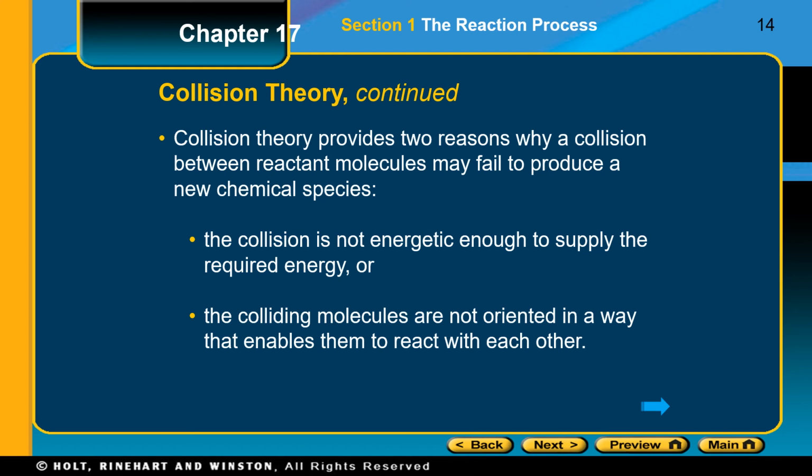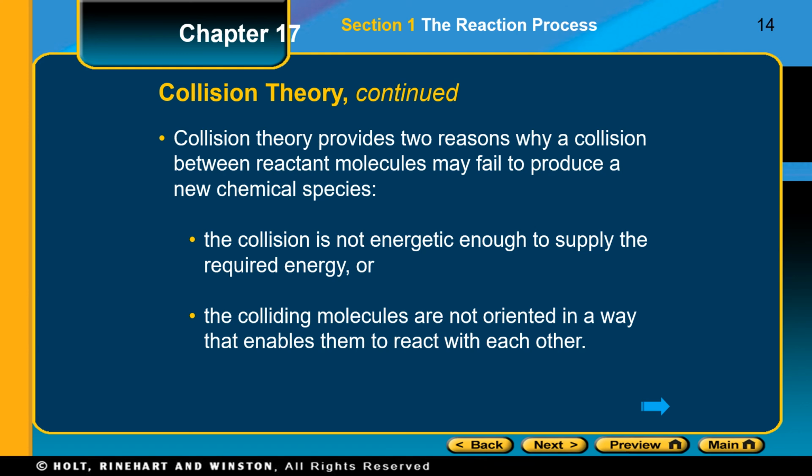So let's kind of summarize what we've talked about yet. Collision theory provides two reasons why a collision between reactant molecules may fail to produce a new chemical species. Why won't they react? And the two reasons are: the collision is not energetic enough to supply the required energy.